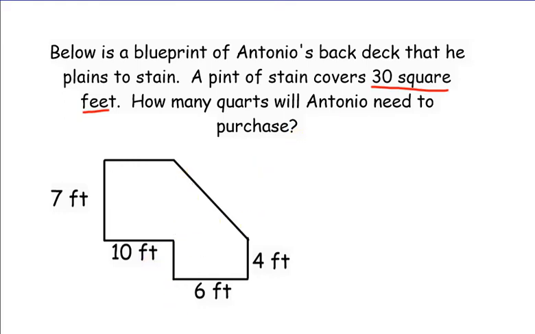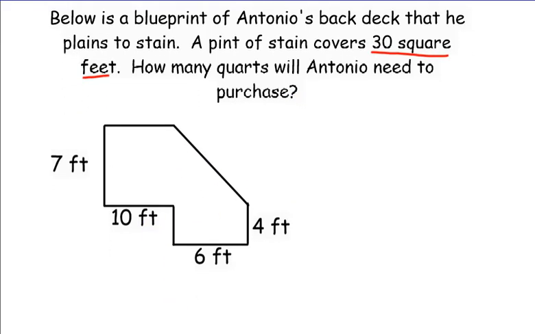So here we have another compound figure. But it's not just asking us to find the area, that's step one. It's going to ask us how many quarts of paint he needs to purchase. So first, let's see how we can divide this up. I see a rectangle right here, and then I see a rectangle and a triangle right here.